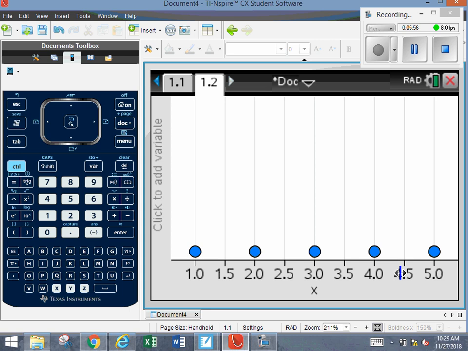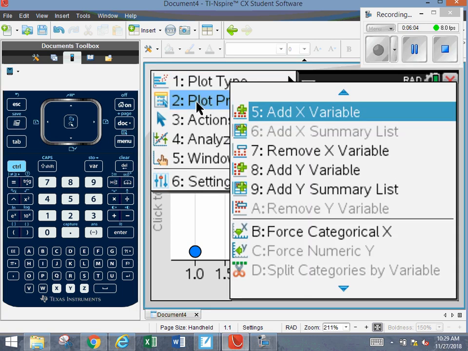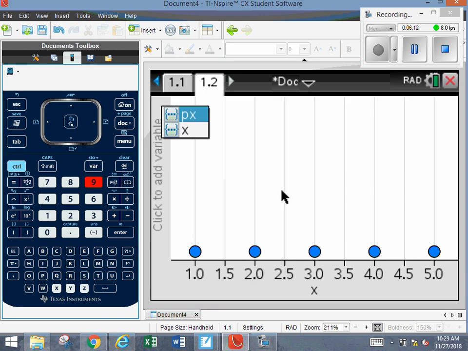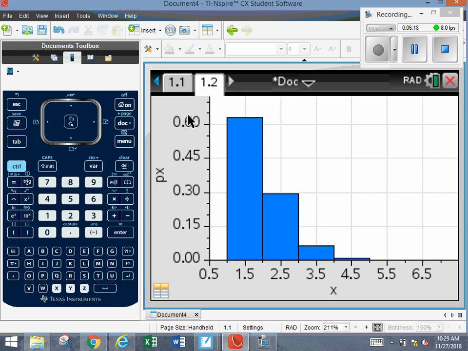So in order to tell it, hey, no, this is not a bivariate relationship, you're going to hit menu, plot properties, and we're going to add a y summary list. Okay, add a y summary list. Y. And then we're going to call that px. And there we go.